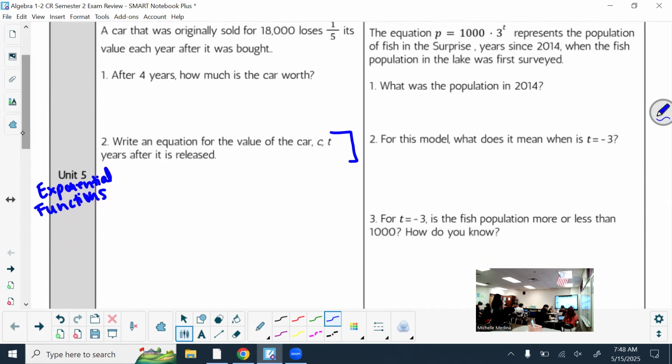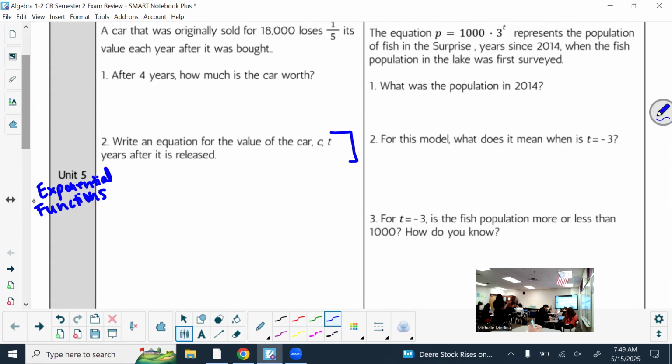When we think of exponential functions, what should we automatically think of as far as formula? So like how linear is y equals mx plus b, how quadratic is y equals ax squared plus bx plus c.